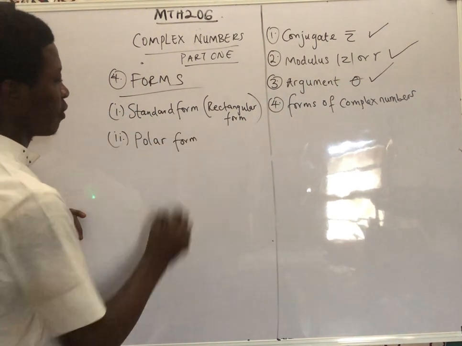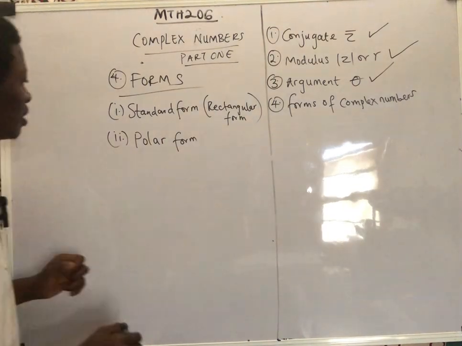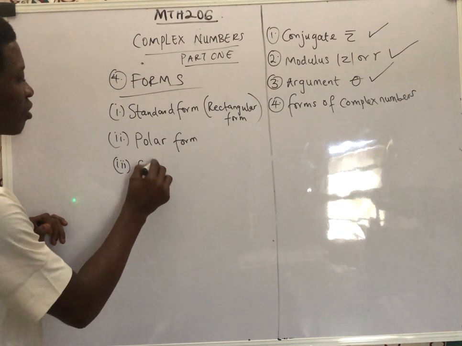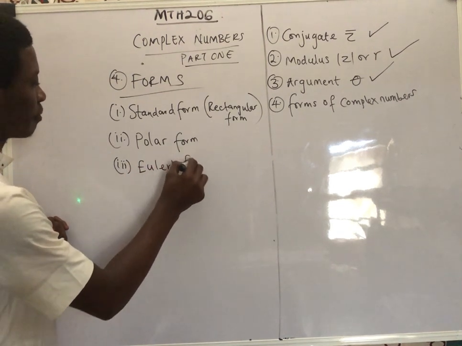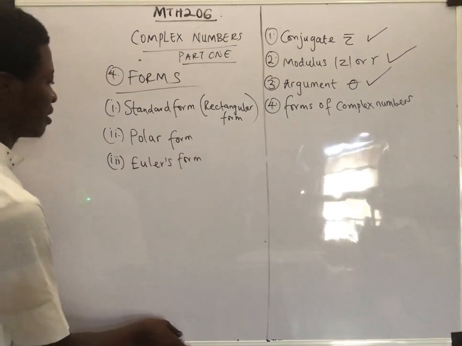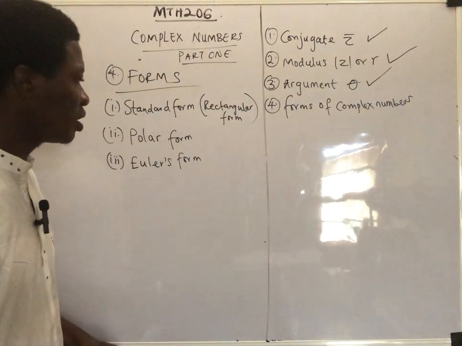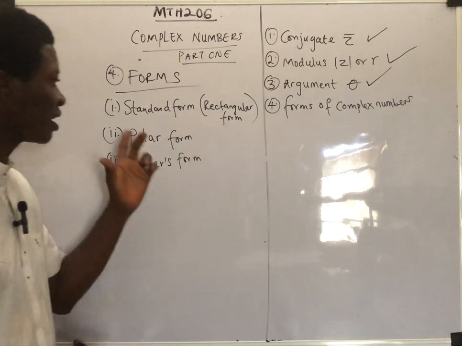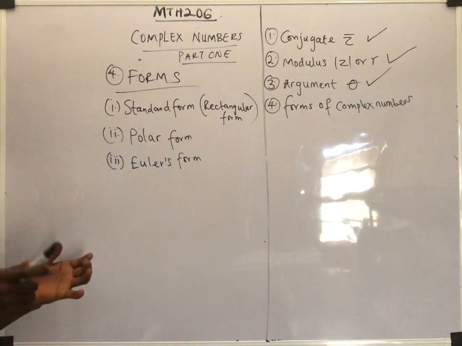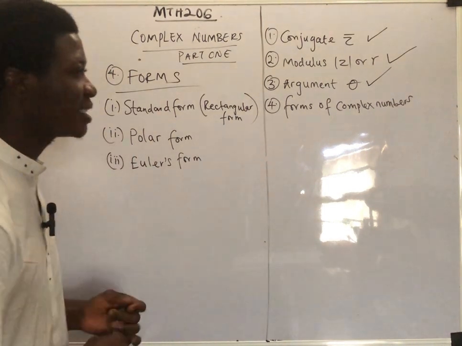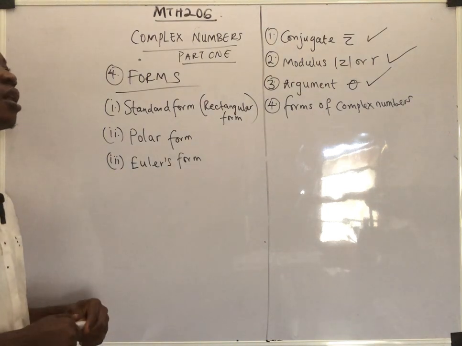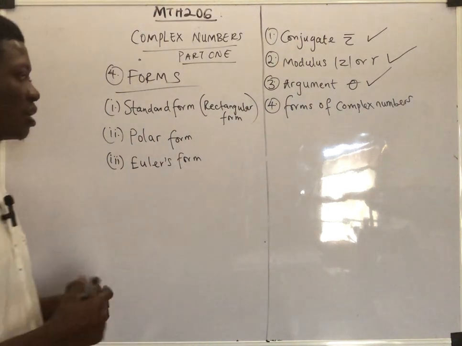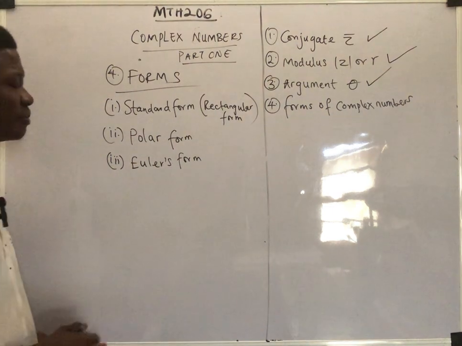Then, lastly, complex number can be in a form called the Euler's form. These are the 3 major forms which we have to be very conversant with. There's another one that is called the principal form, but I'm not going to be talking about that one here.